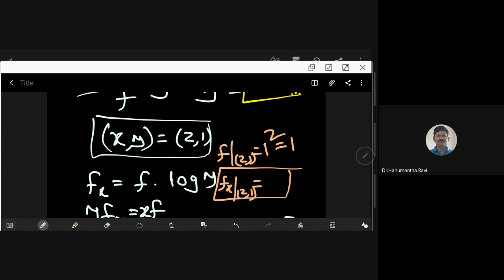That is fine. 1 into log 1, and log 1 is 0. So f_x at (2, 1) is 0. Very good.